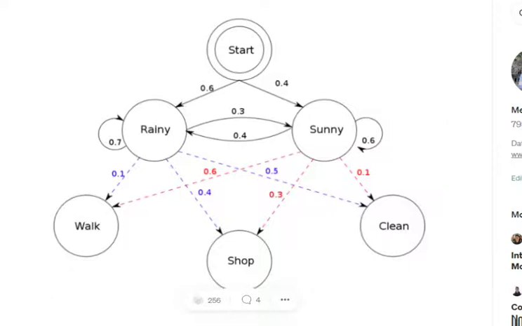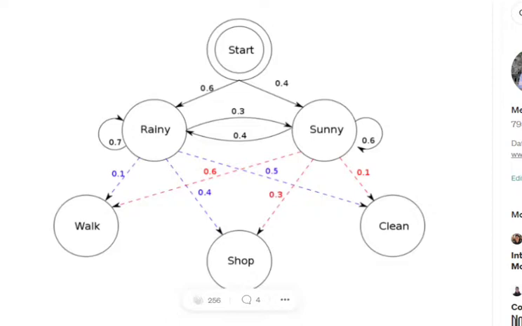So in hidden Markov models, we have four major terminologies. One is the states S1, then the hidden states H1. Then the initial probabilities. As you can see in the diagram, we are starting with zero knowledge, so the initial probability of having a rainy day is 0.6, and the initial probability of having a sunny day is 0.4 when we don't know the current day's weather.